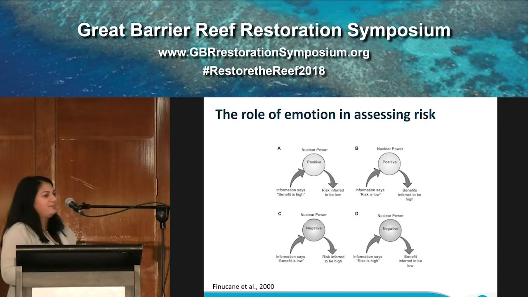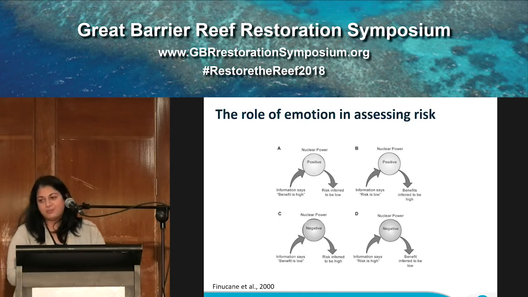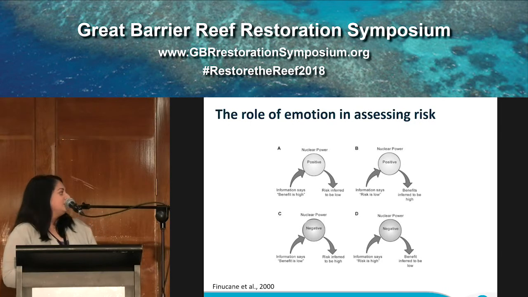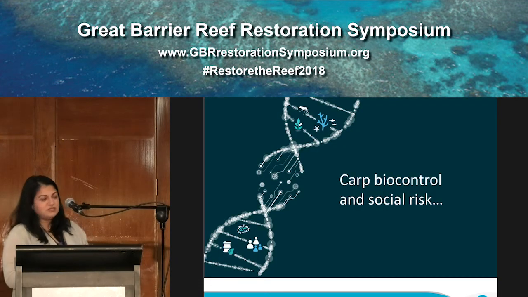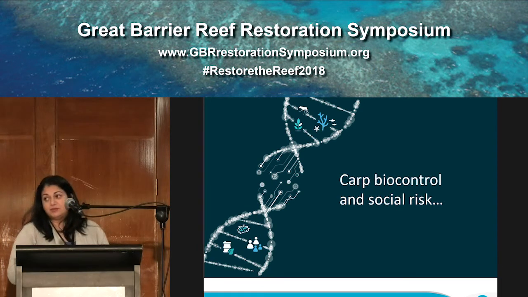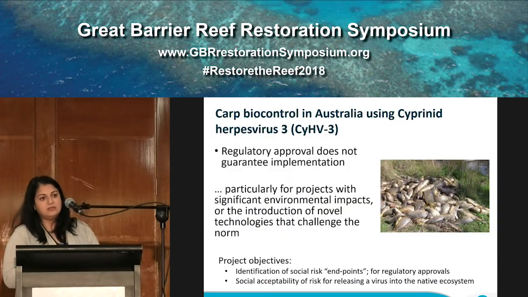So we'll move on a bit to a more specific example. This is not synthetic biology, but it is the introduction of a novel or exotic virus into an ecological context. Just to explain the carp biocontrol, the premise is that the Australian government is proposing the introduction of a carp herpesvirus to kill carp in Australia.